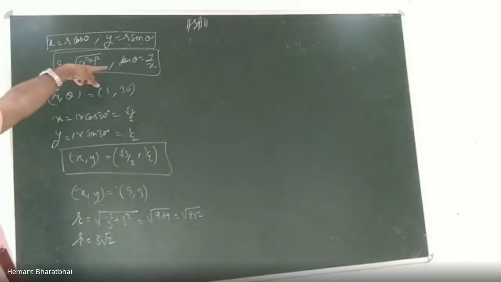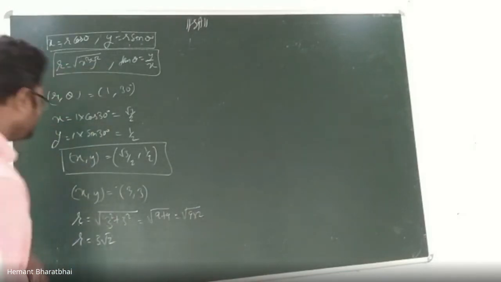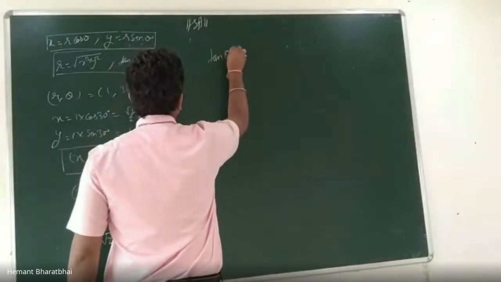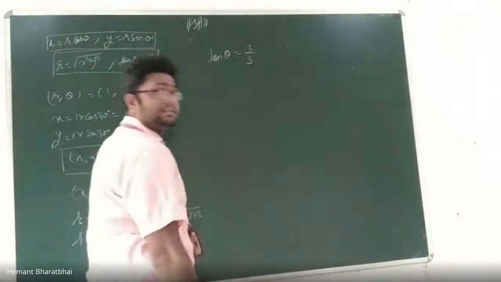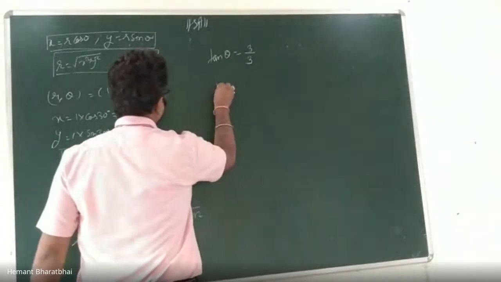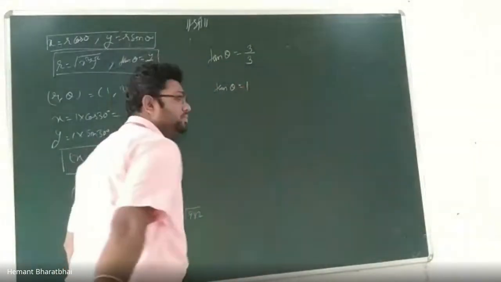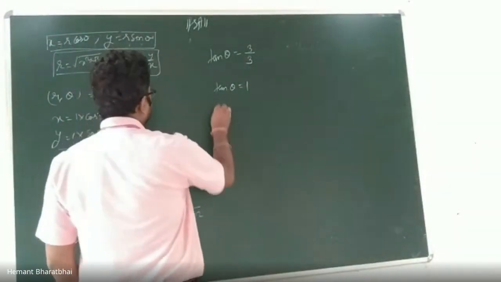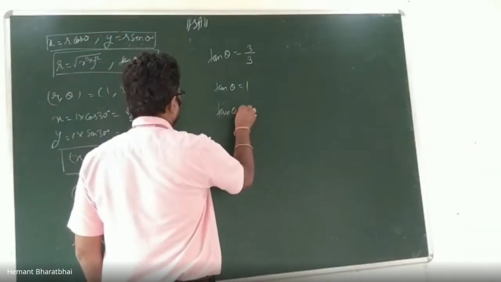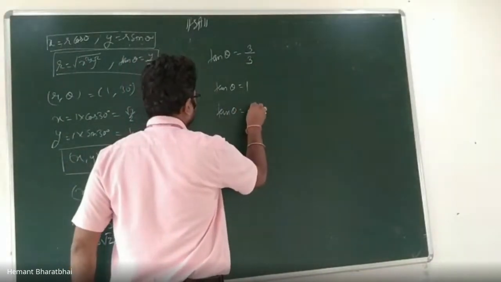Similarly, tan of theta is y by x. So I write tan of theta is equal to y, that is 3, by x, that is also 3. Therefore, tan of theta is equal to 1. As per the table, when do we get tan of theta as 1? When it is tan of 45 degrees.